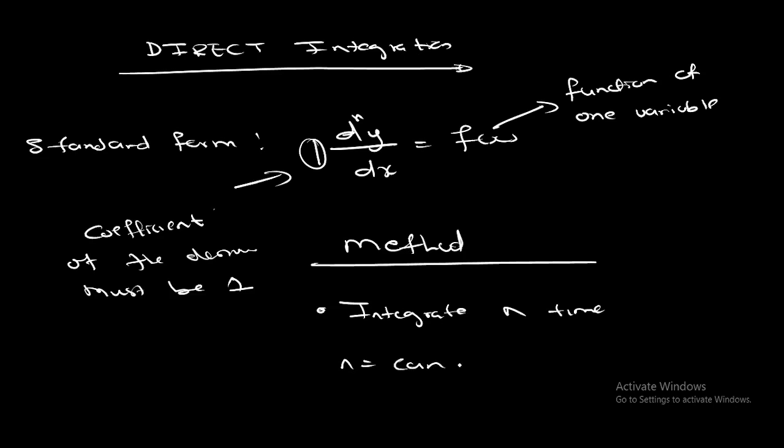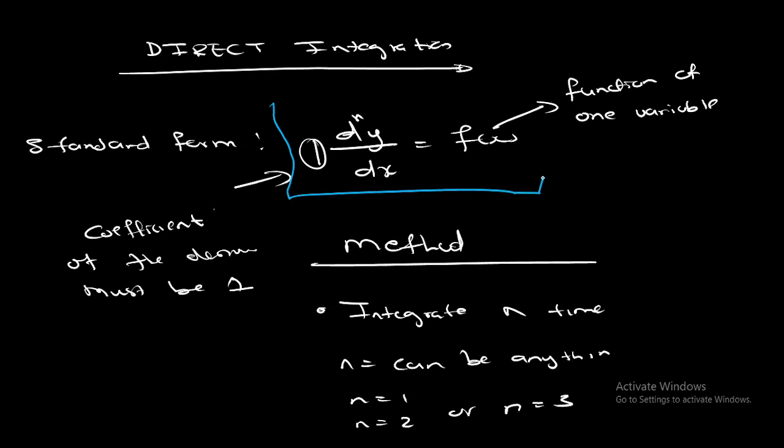So n can be anything. n can be equal to 1, n can be equal to 2, or n can be equal to 3. If you look at our standard form of direct integration, you can see that we have d to the exponent n, y over dx.